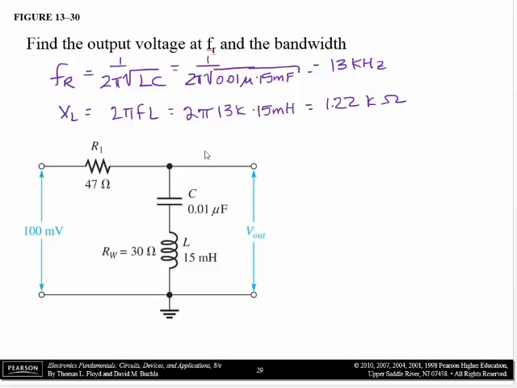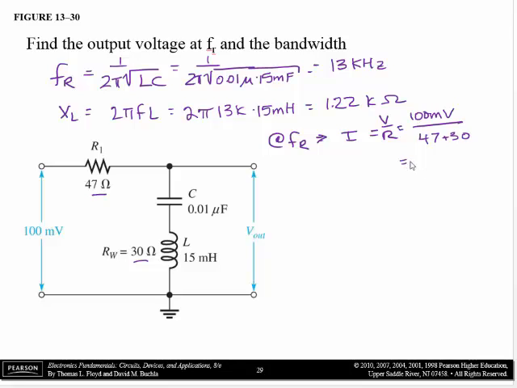At the resonant frequency, okay, so we have a winding resistance right here. At the resonant frequency, the current is at a maximum, and it is I equals V over R, which will equal 100 millivolts divided by R, the total resistance of the circuit, but we have a winding resistance plus this one, so it's going to be divided by 47 plus 30 ohms.